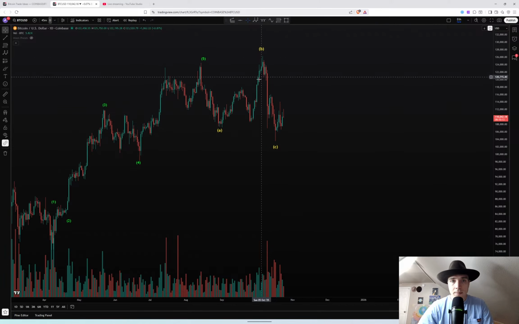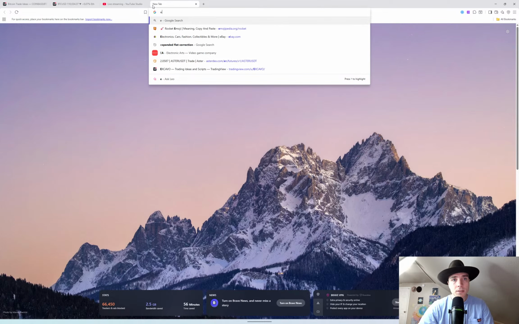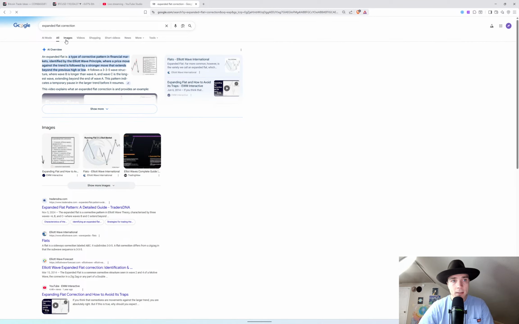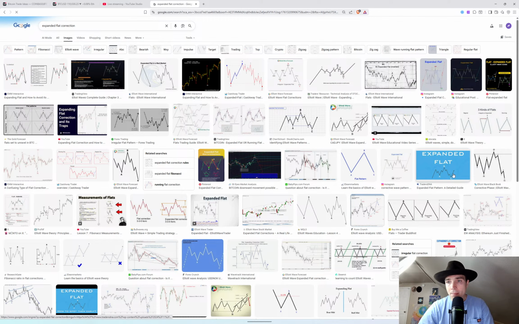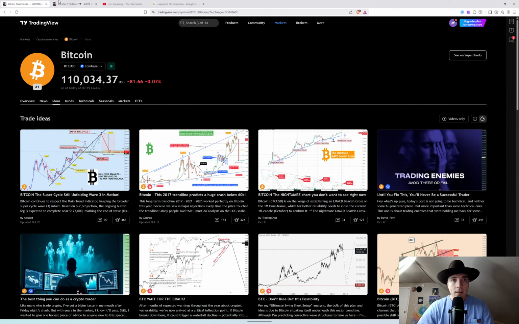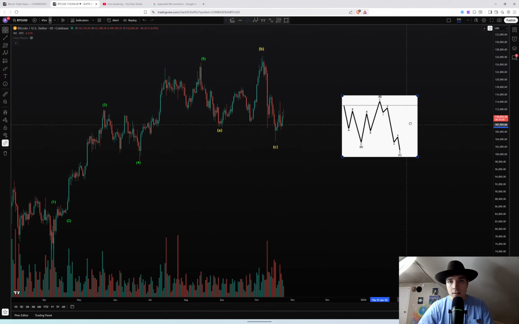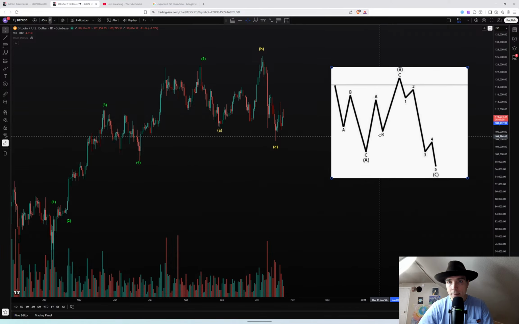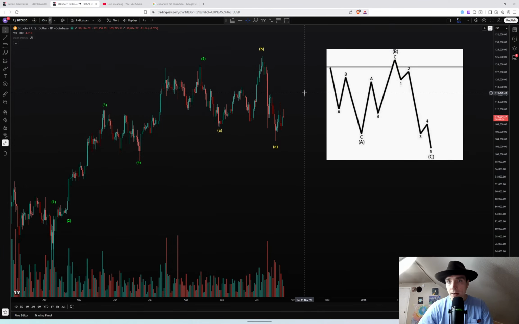So this is an expanded flat correction. Let's type in expanded flat and pull up a classic example of an expanded flat Elliott wave. So this is what they look like right here, and this is what we are seeing on Bitcoin.